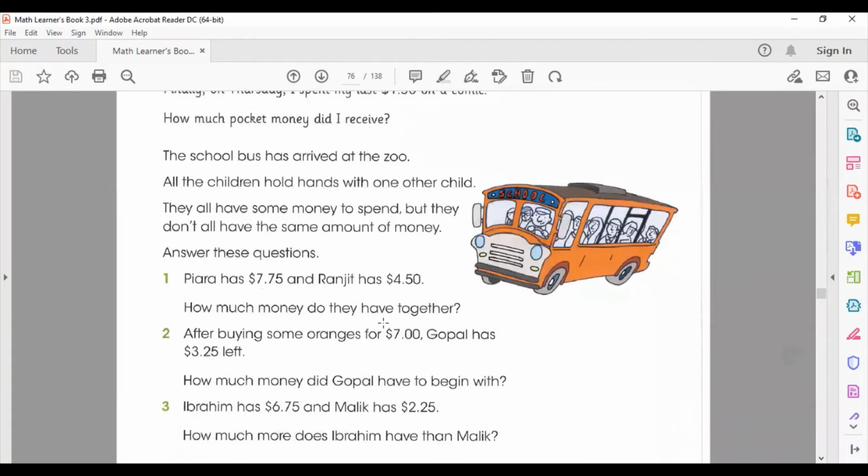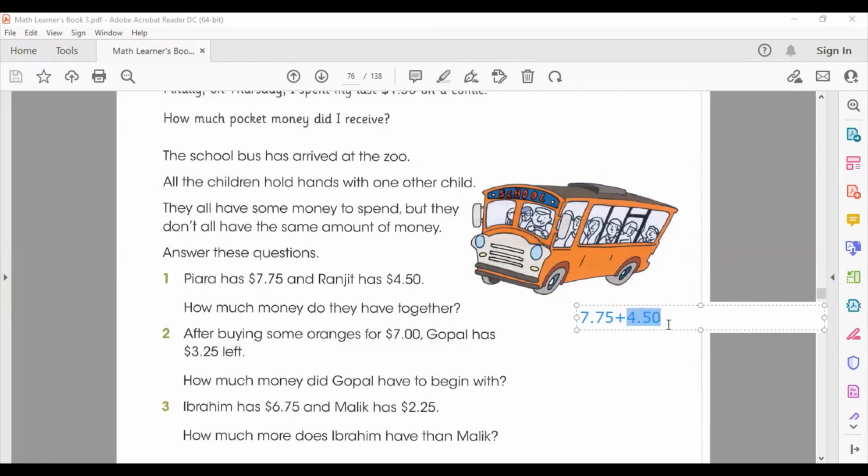Kiara has $7.75 and Ranjit has $4.50. How much money do they have altogether? So we need to write $7.75 plus $4.50. We can do plus like this: ones with ones, tens with tens, or we can also do up and down.